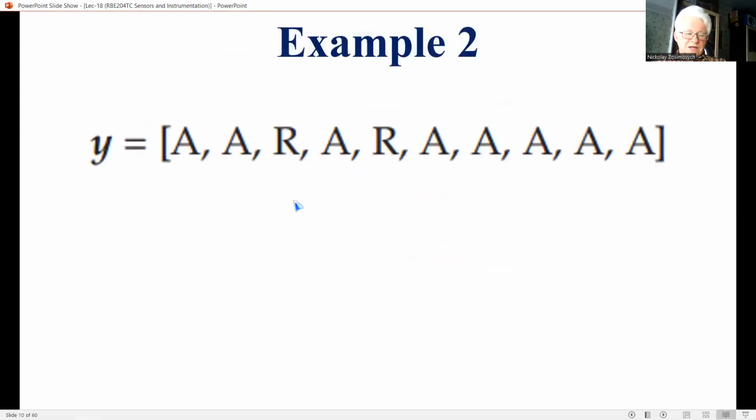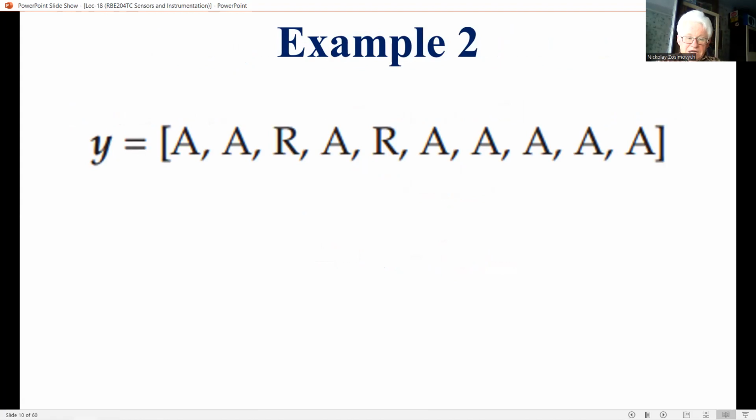Now, let's come to the next example. Example number 2. In the process of product quality monitoring, 10 items are randomly chosen from a batch of products and are individually and carefully tested.